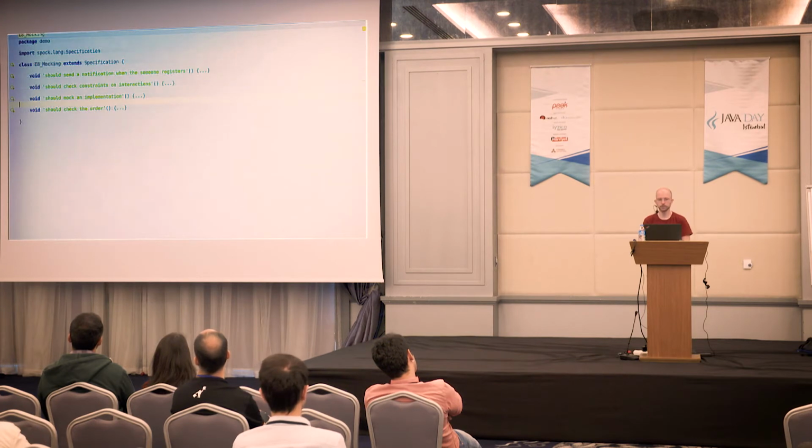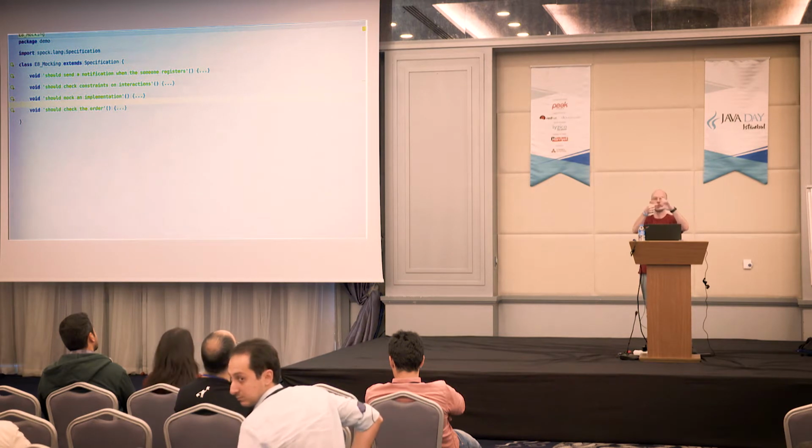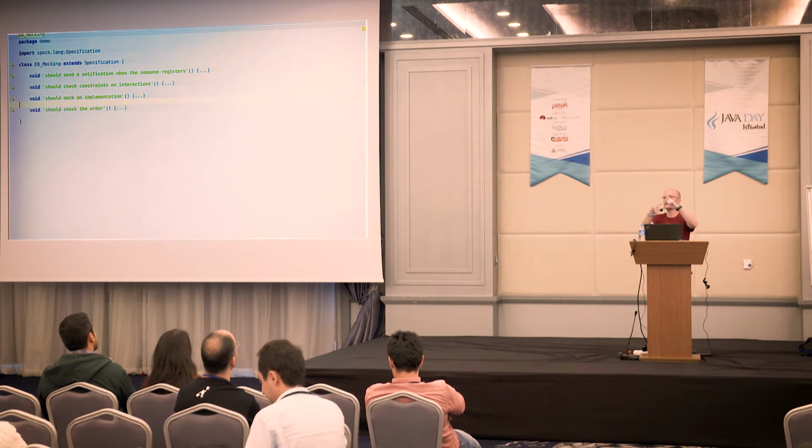So mocking. This is really important. When we test real code, maybe we have this piece of code and we want to test it, but here we have, for example, a collaborator. And when we unit test this code, we don't want to worry about this code because we are going to unit test this code in another place, right?